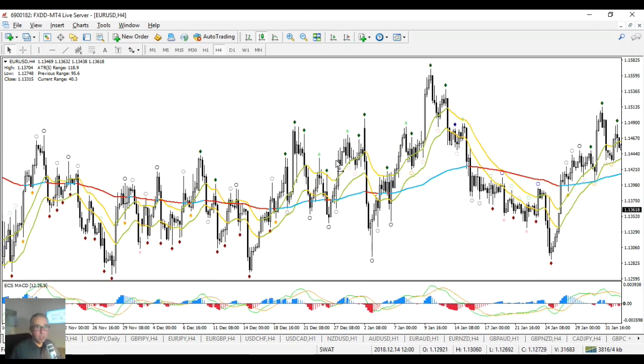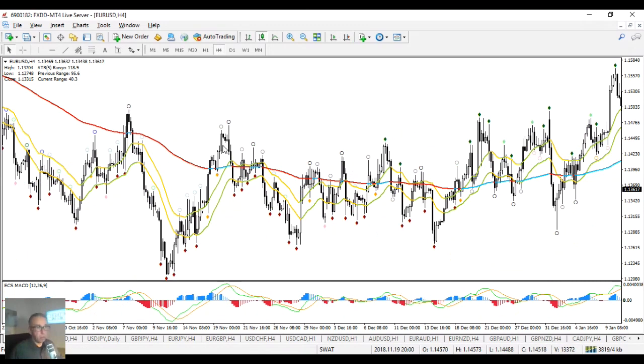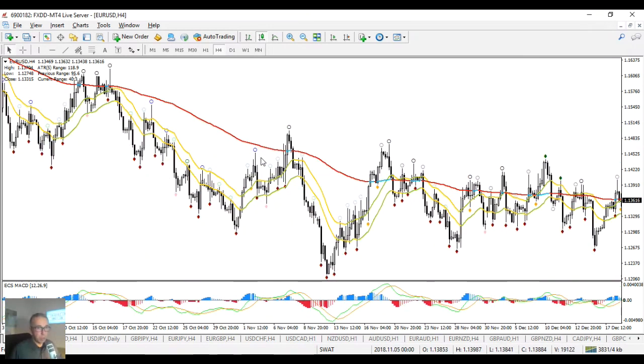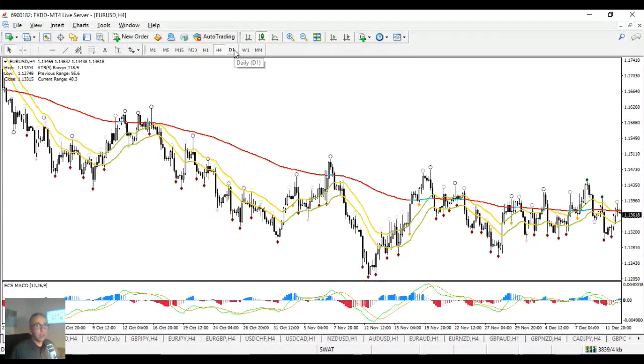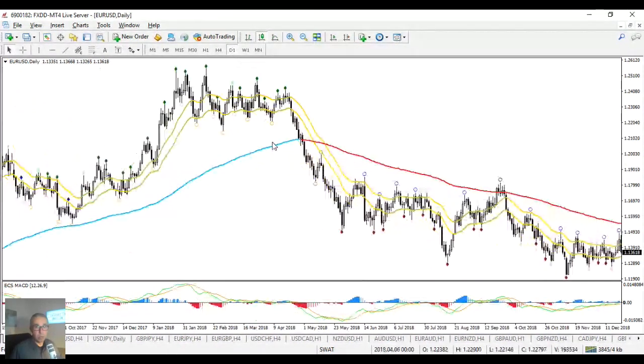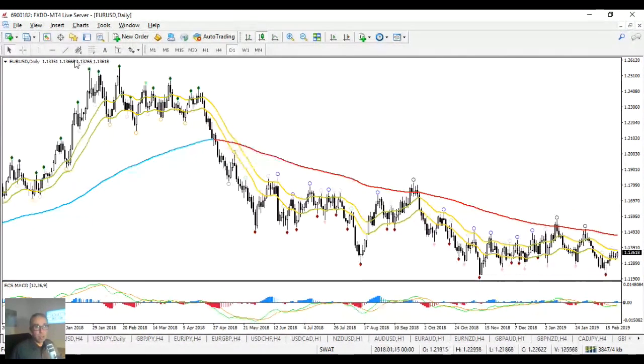Okay, so looking at patterns, looking at support resistance, looking at trend, range, momentum, correction, all of that, we can use to understand the market better. We can use different time frames too. You can choose this as you like, but a good idea could be to look at the daily chart, look at what kind of support resistance is there.